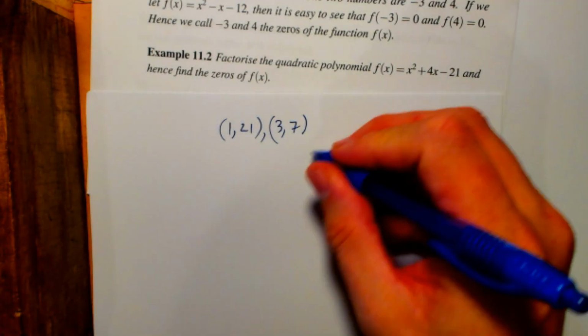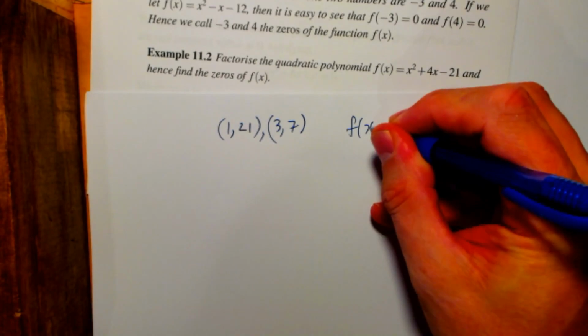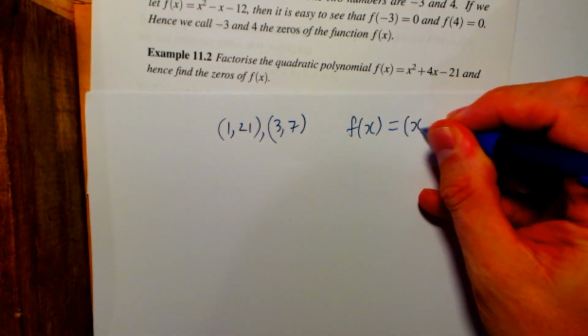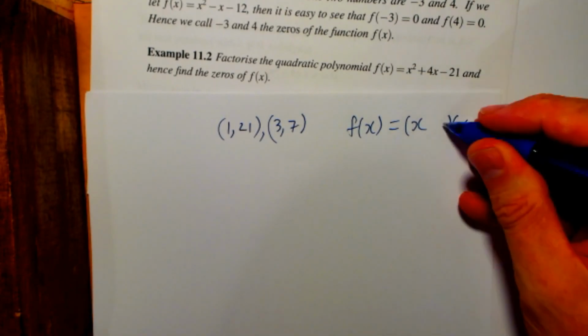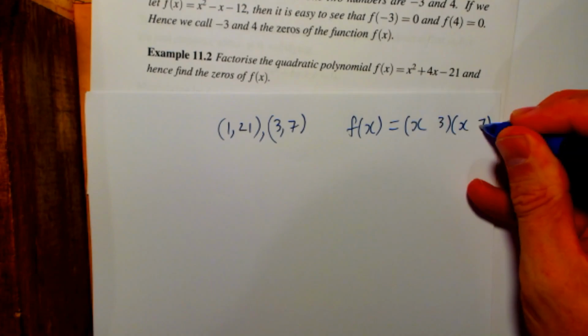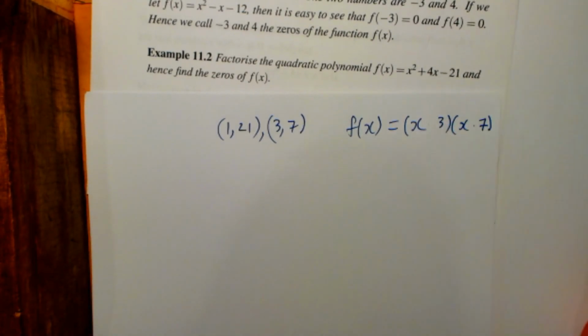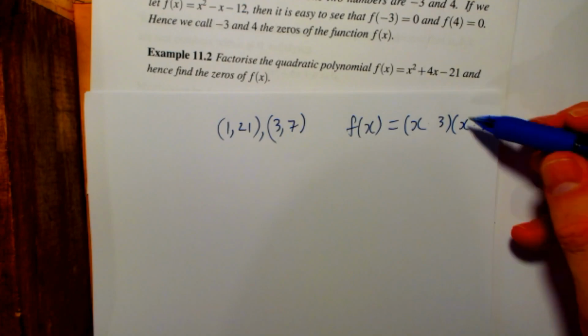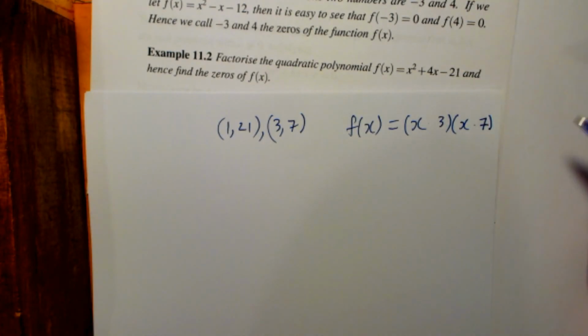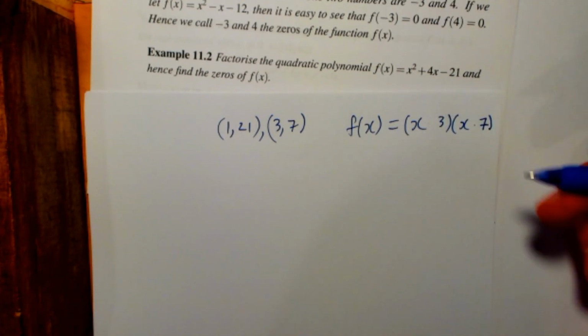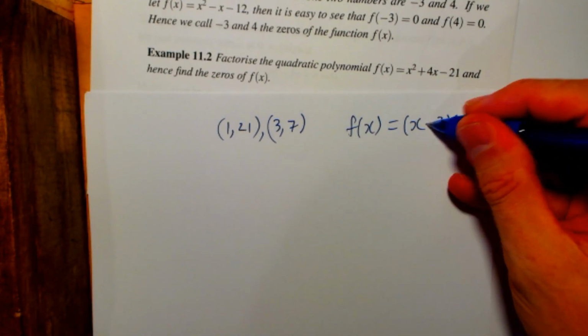So we can write then that f of x is equal to x brackets x. Now we've got to put in a 3 and a 7 and decide the signs that go in front of these. So one is plus, the other is minus, because that product is minus 21, but they add together to give plus 4, so I want the smaller one to have the minus sign on it.